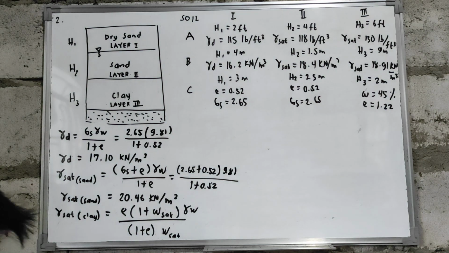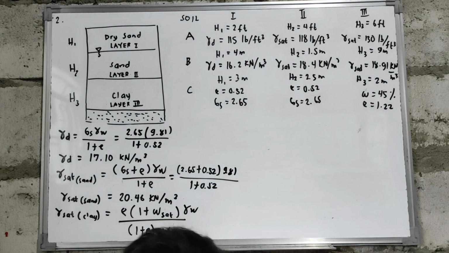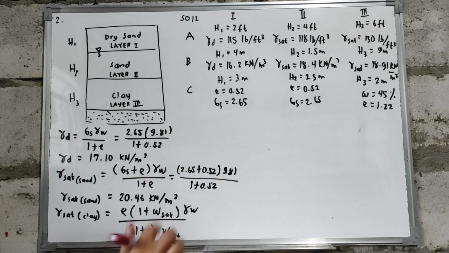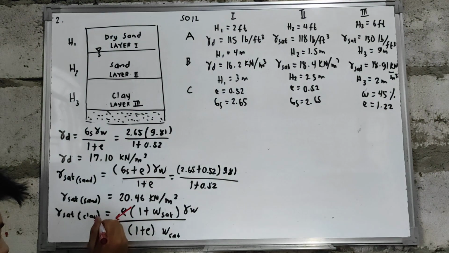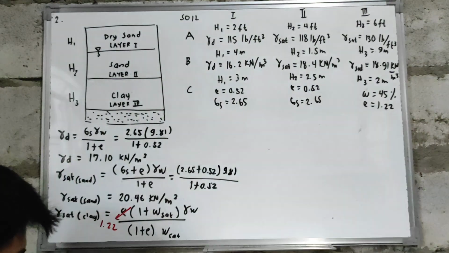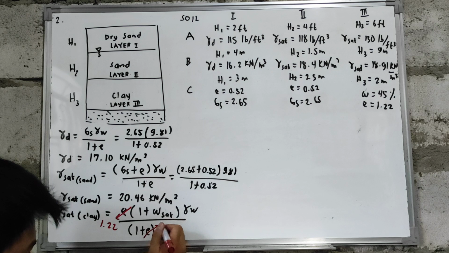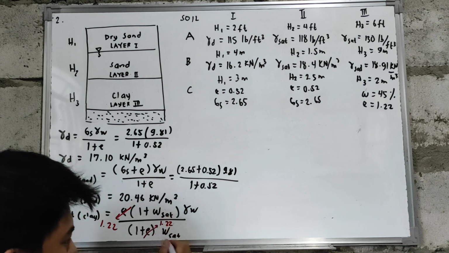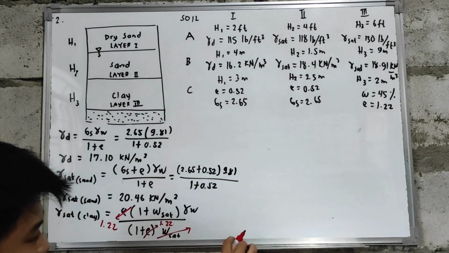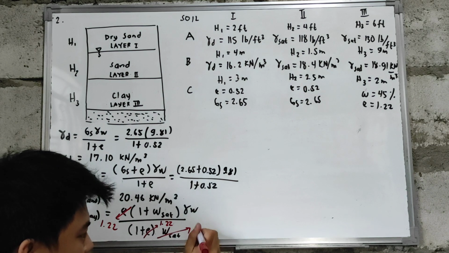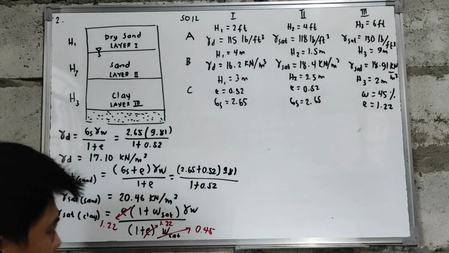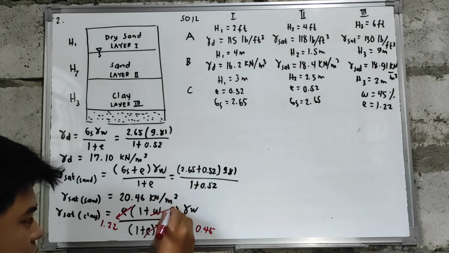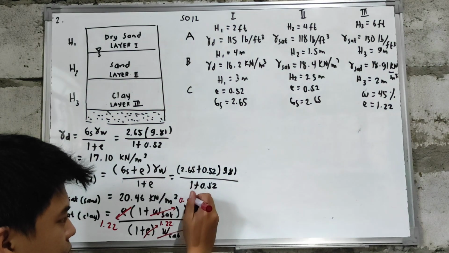So, kung isa-substitute natin yung mga values natin, so we have a value of our E which is equal to 1.22. Yung W natin o yung moisture content natin in decimal, that is 0.45.